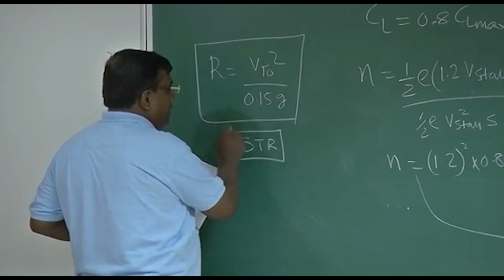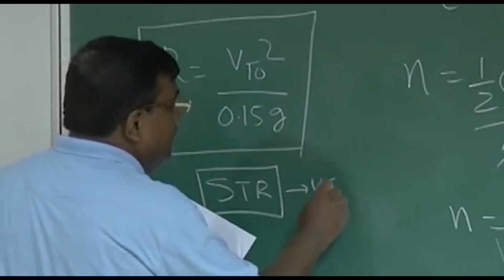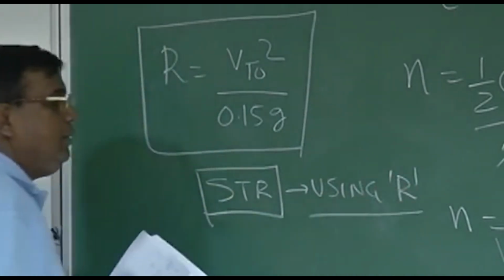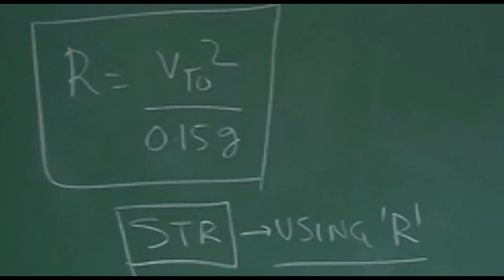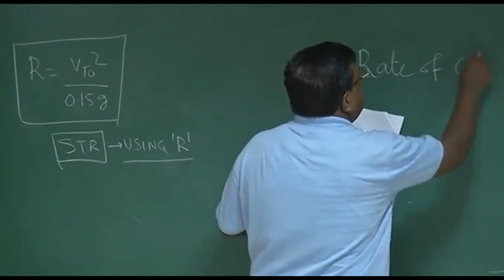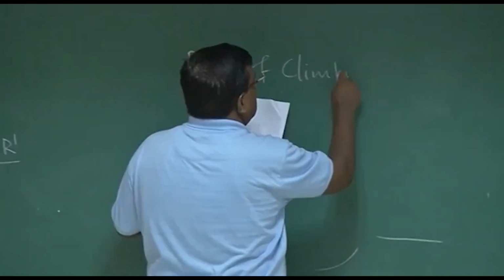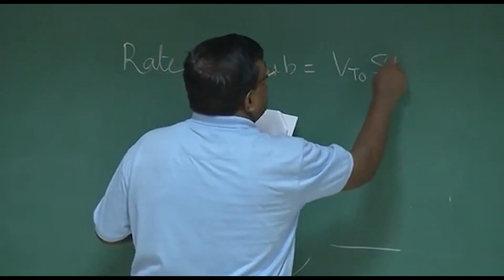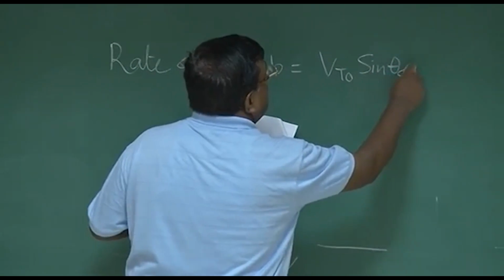This is important. Using this expression of R, to get the value of S TR, we will now do a little explanation, use the help of geometry. You know, by now you are all experts. Rate of climb was defined as V takeoff sine theta CL.